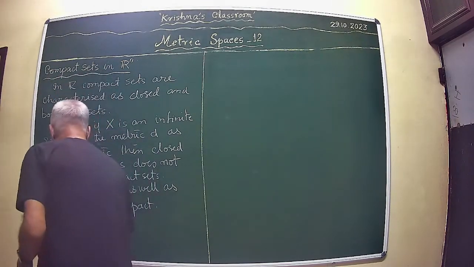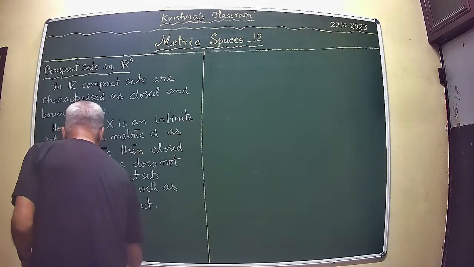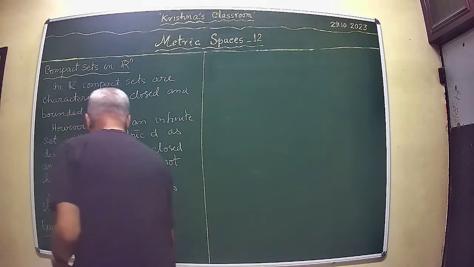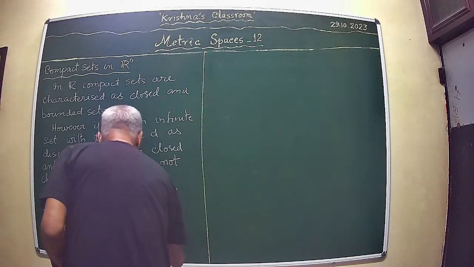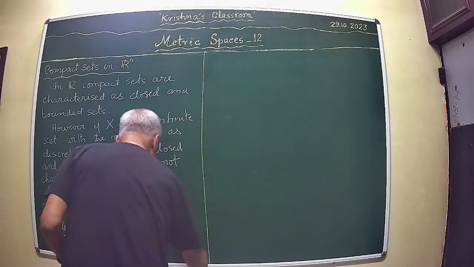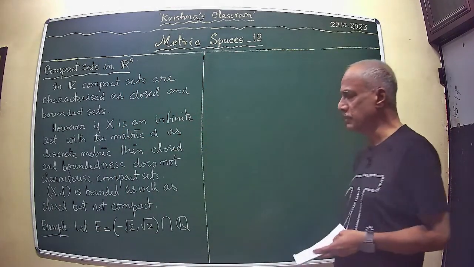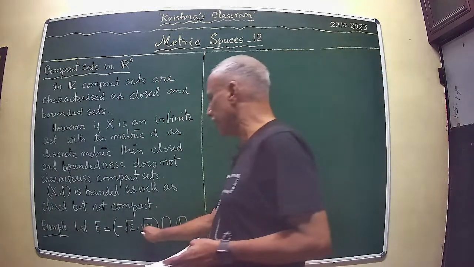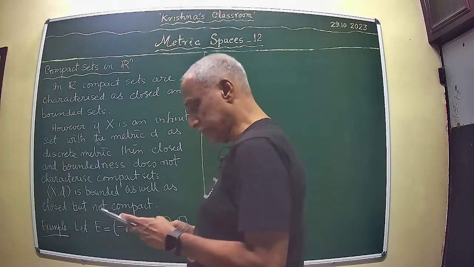Let E be the interval minus root 2 to root 2 intersection Q. That means all rational numbers in the open interval minus root 2 to plus root 2.